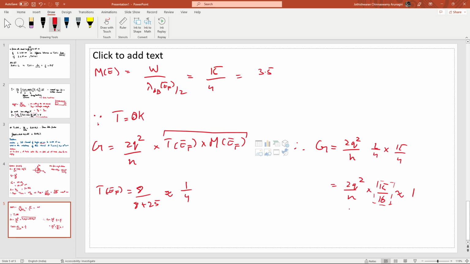So 15 by 16 is approximately 1, which implies at T equal to 0 Kelvin, the conductance of this channel is 2q square upon H. Is this clear? And do you guys know what this value is? You should know this by now.